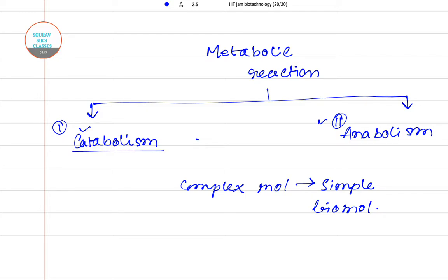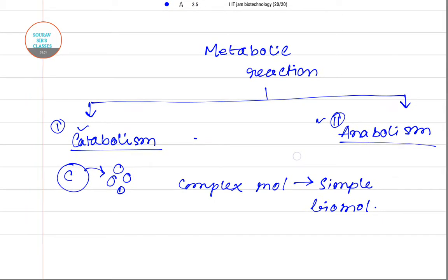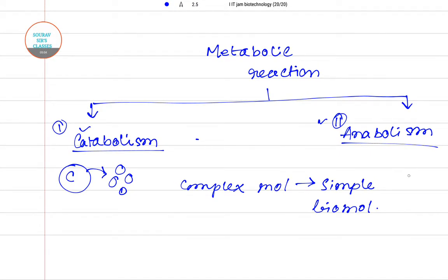But in the case of catabolism, the bigger, complex molecules are degrading into simple forms. And in the case of anabolism, it is the synthesis phase in which larger and more complex molecules are synthesized from small molecules.